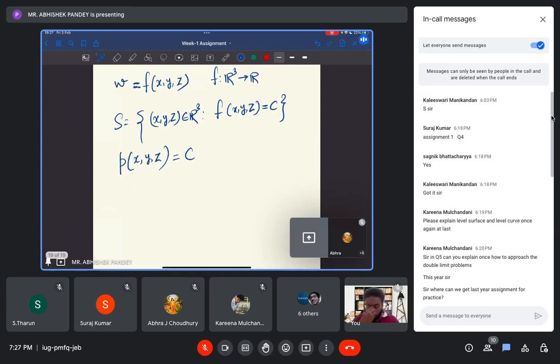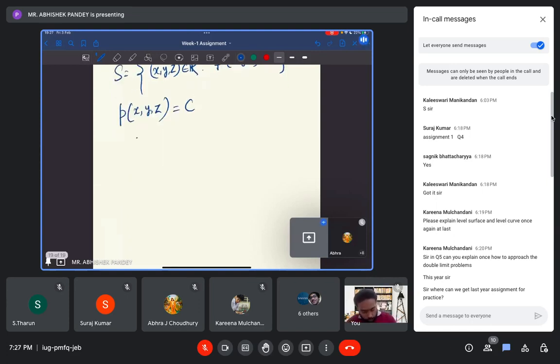Now what we will do is write z in terms of something, say p of x, y and c. Now you can see that this is a function of the variables x and y, and you can draw the graph of this function in 3D. So this surface S is known as a level surface.